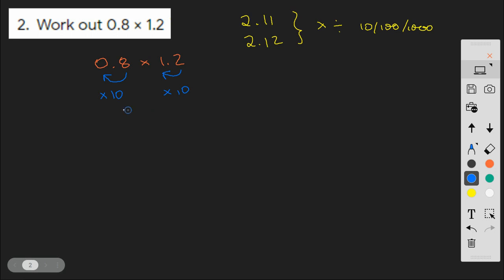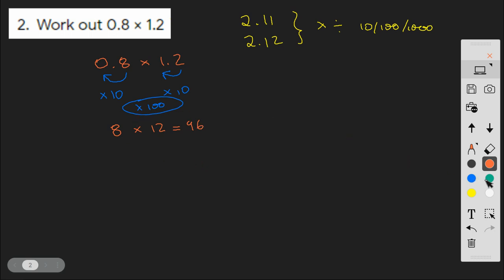So I'm going to multiply by 10 twice, so that's the same as multiplying by 100, and that leaves me with 8 times 12, which we can do, which is 96.